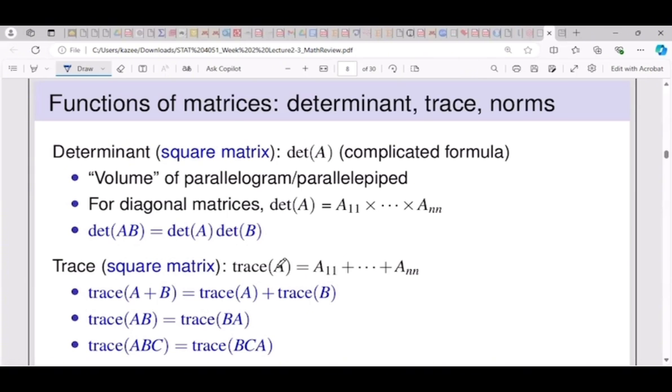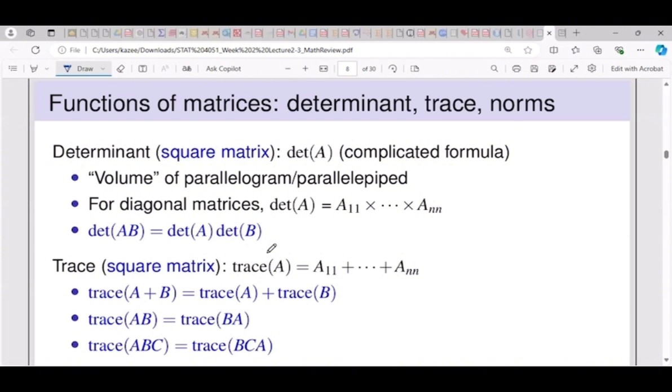That's what I show here, trace A. But this time around, I'm focusing on a square matrix. In statistical analysis, we focus on a square matrix because, let me tell you this, even though the design matrix X may not be a square matrix, because the number of observations may not be the same as the number of features, there is something that will enable you to have a square matrix: the transpose of X multiplied by X. That is always going to be a square matrix.